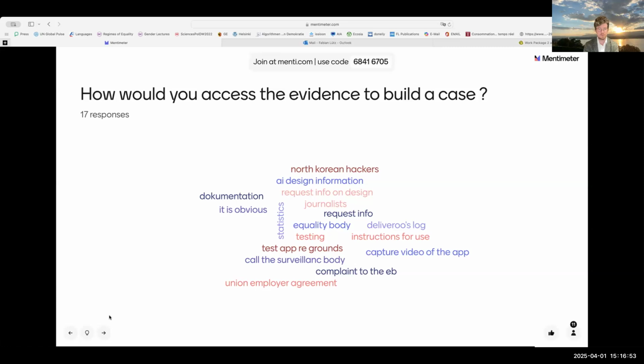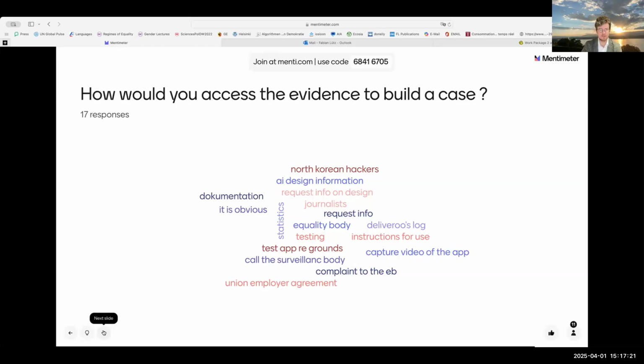It's always important to also test, and the deliverers' log. It's also good, in terms of evidence, if you get access to that. And of course, complaints to equality bodies and courts can make that a way harder case that you really have also the access rights, contrary to you or your lawyer just asking to receive the information.